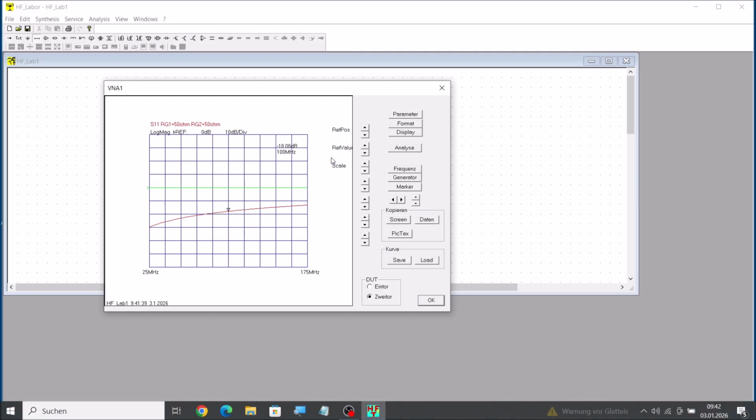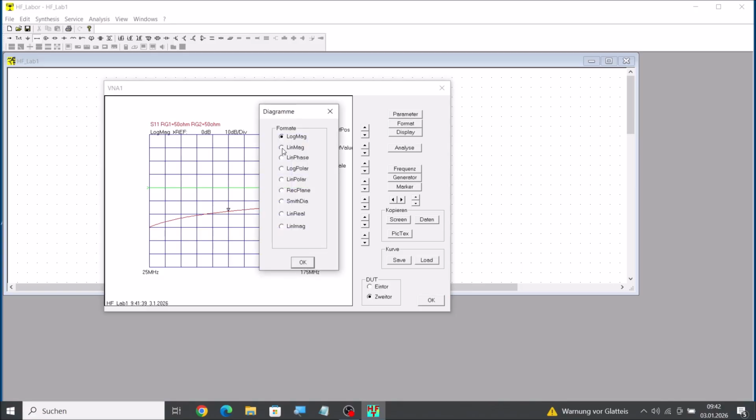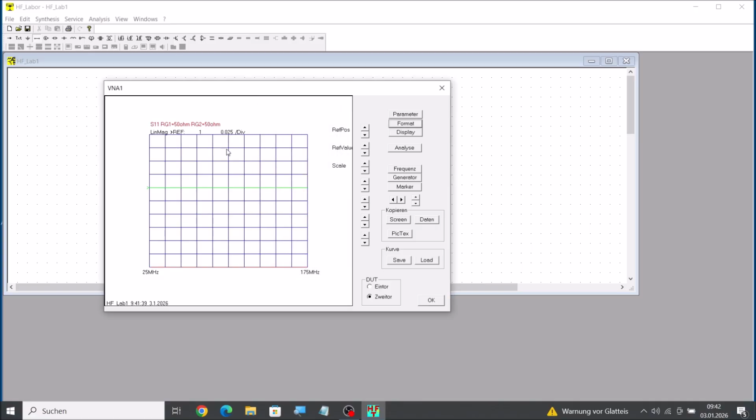But we can also find the linear value using another format. So I will change now to the LinMag format, which means now we have a linear scale for the absolute value of S11. Here we have the reference line of 1, but we have a value of 0.05 per division, so we can increase this value, for example, to 0.1.